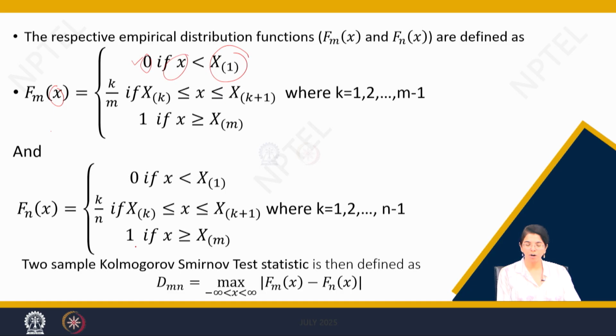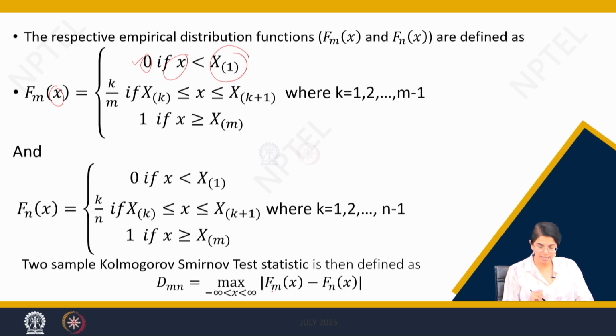The two sample Kolmogorov-Smirnov test statistic is then defined as Dmn. This is the notation Dmn, the maximum of the distance between Fm(x) and Fn(x). But when I am saying distance, I have to consider the absolute distance.